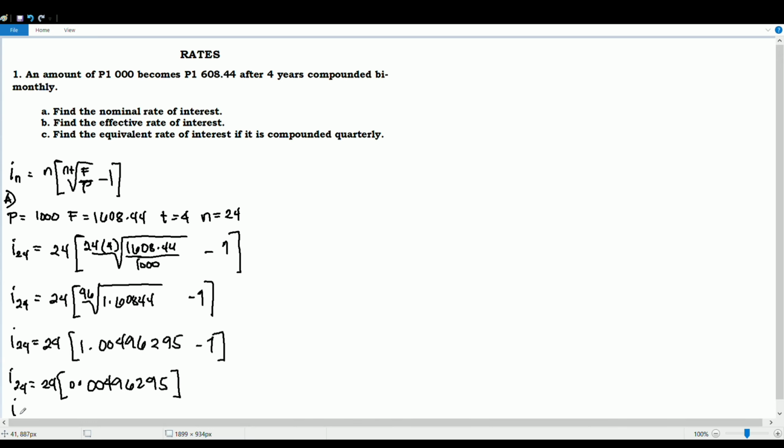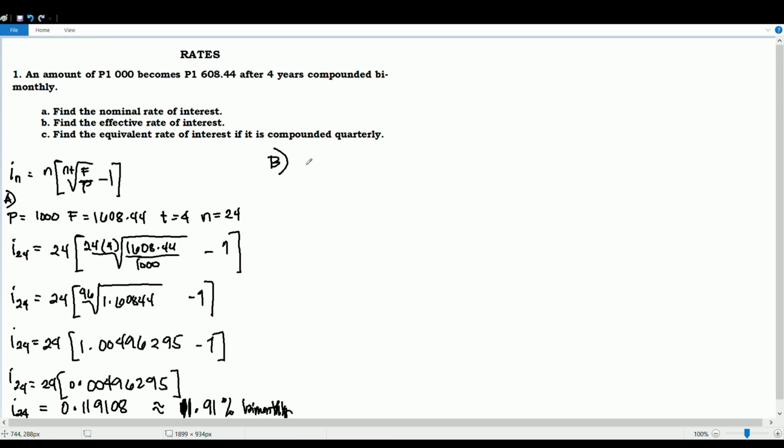Multiplying these two numbers, our nominal rate of interest bi-monthly is equal to 0.119108, also known as 11.91% bi-monthly.